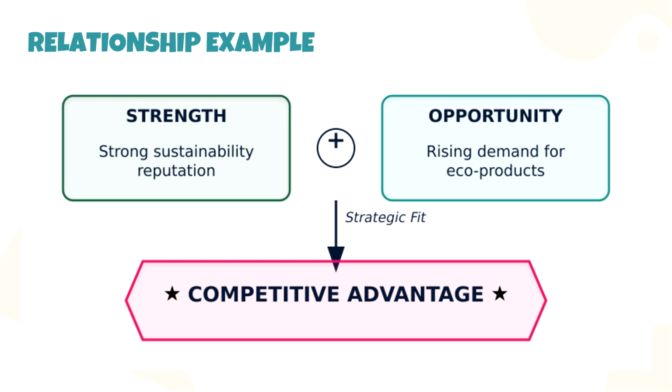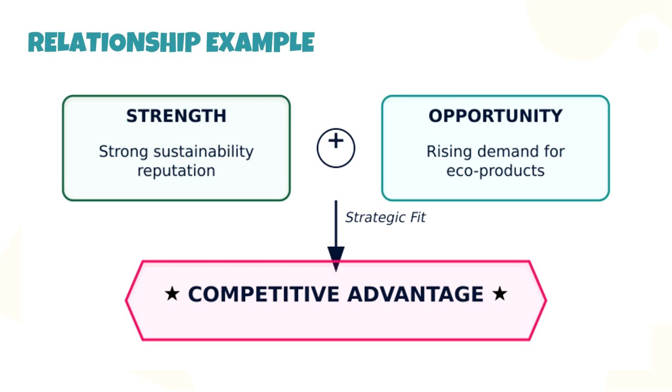Let's look at EcoSips. Remember EcoSips, where we did our STEEPLE. It is a coffee brand that is sustainable. One of the strengths of EcoSips is that it has a strong sustainability reputation.